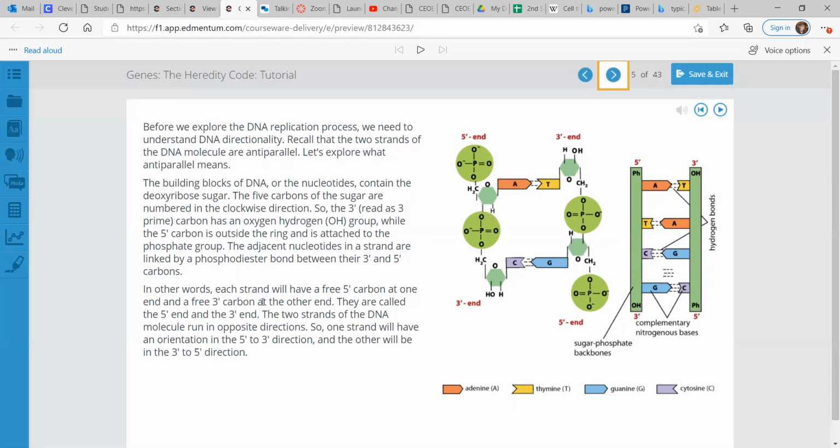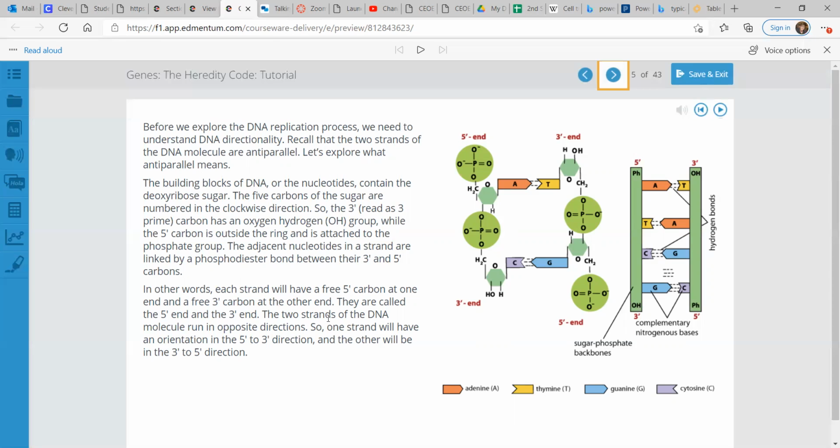In other words, each strand will have a free 5 prime carbon at one end and a free 3 prime carbon at the other end. They are called the 5 prime end and the 3 prime end. The 2 strands of the DNA molecule run in opposite directions.